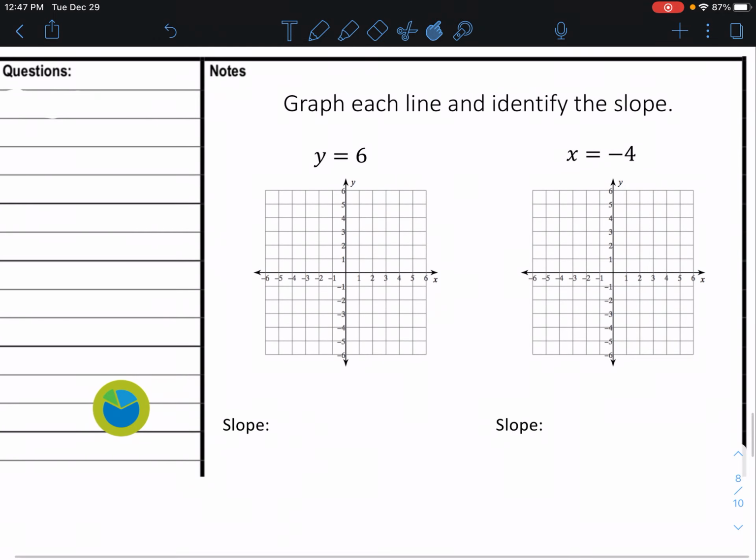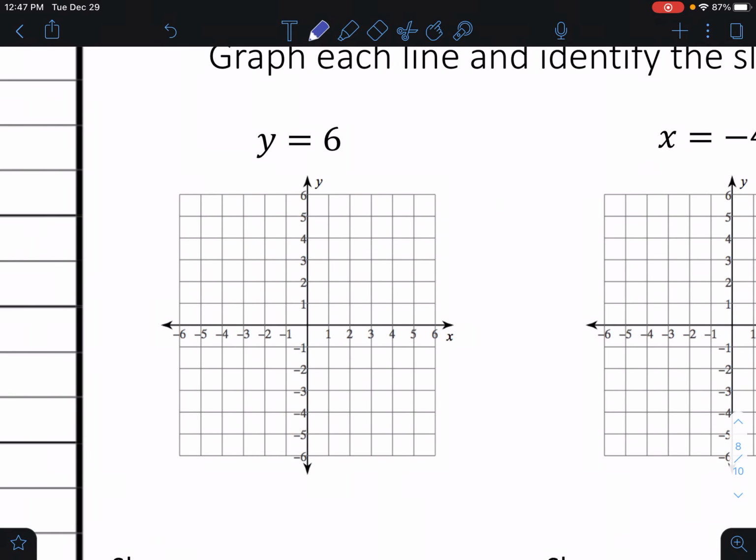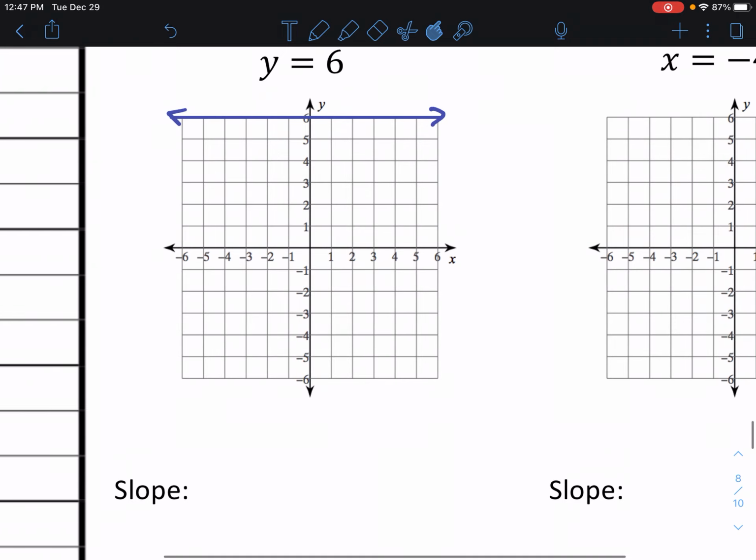So I want to graph a horizontal line that passes through the y-axis at 6. Again, make sure your line goes all the way through the graph. There we go, we've just graphed it. Now what's the slope of this line? Remember, the slope for a horizontal line is always 0.